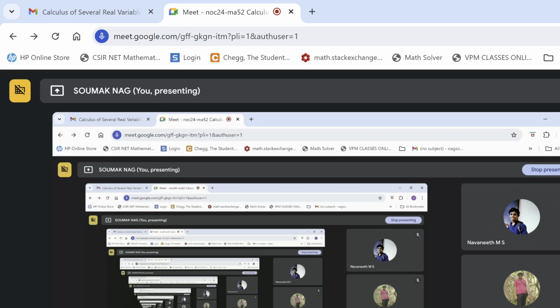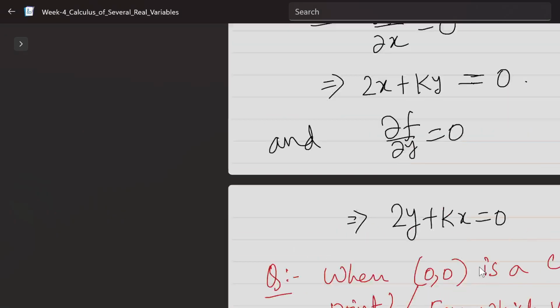I gave some geometry for finding the perpendicular. Somebody is saying you can find it using the gradient vector. That is also correct. I will show you once again, just for 2 minutes.